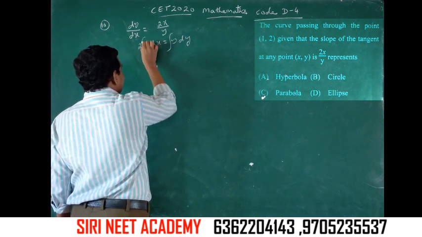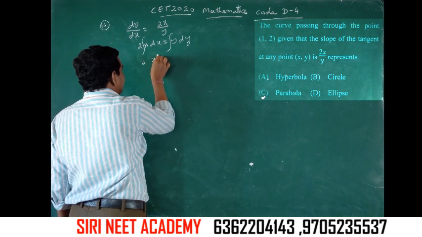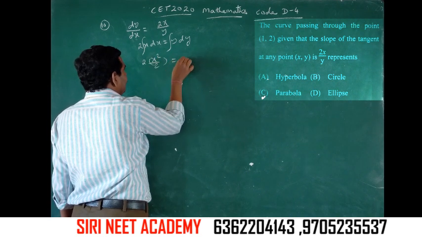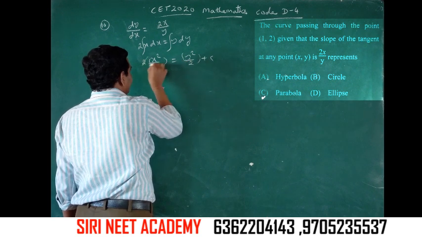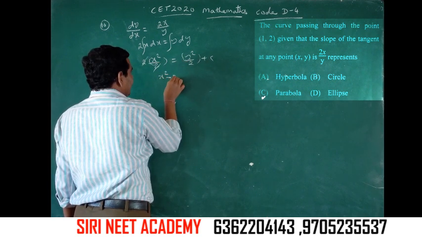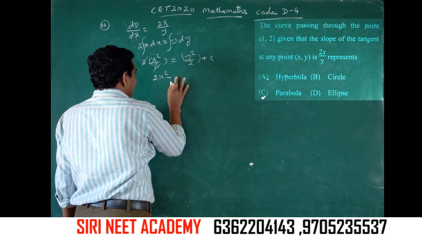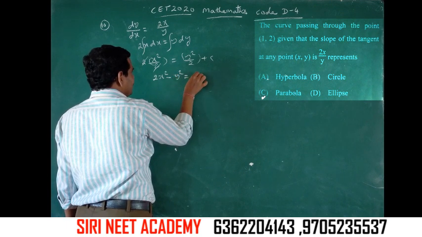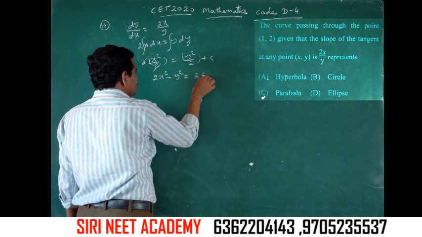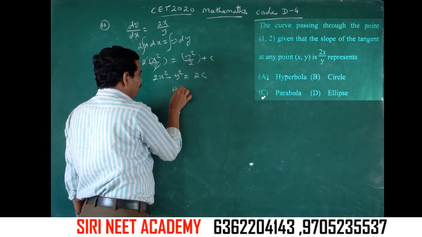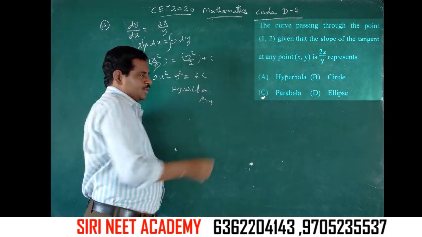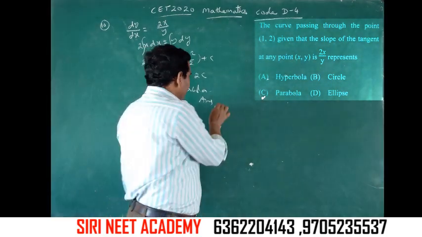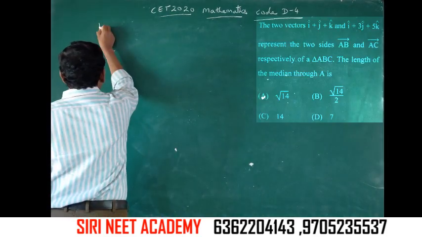Taking integrals, x square by 2 plus c, y square by 2. It means x square minus y square is equal to 2c, which is a hyperbola. So option A.